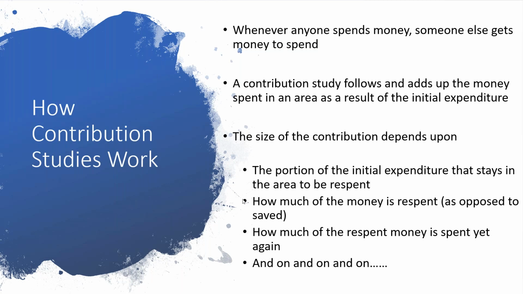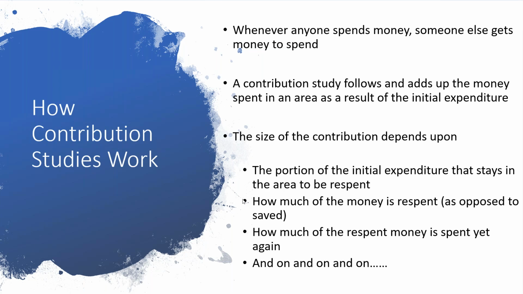Contribution or impact studies work in that whenever I spend money, you have money to spend. And if you spend that money, somebody else has money to spend. And it's just a money ground. So what the study does is it follows and adds up the money that's spent in an area after an initial expenditure.